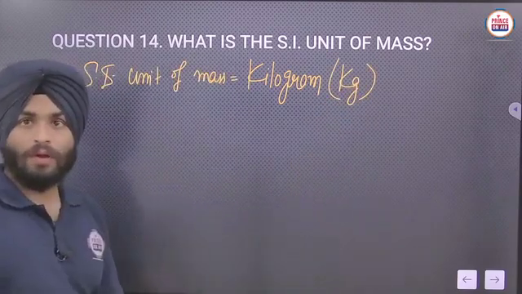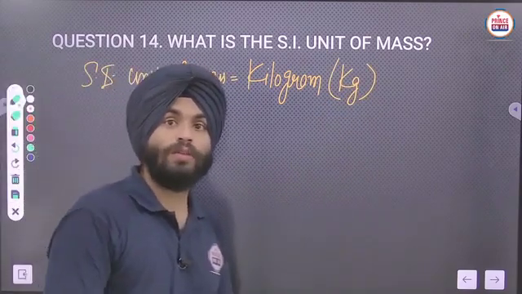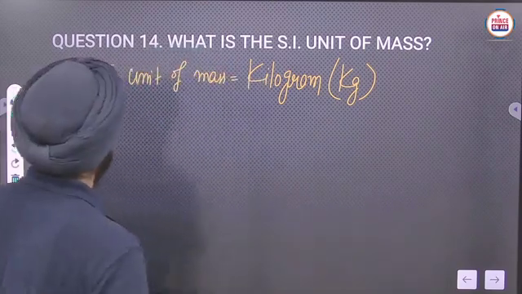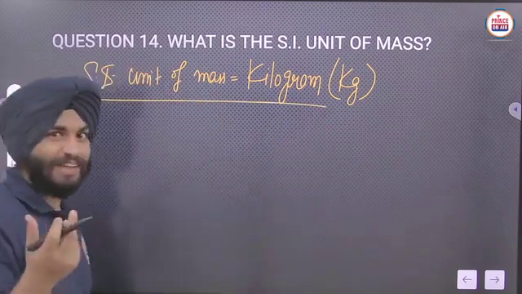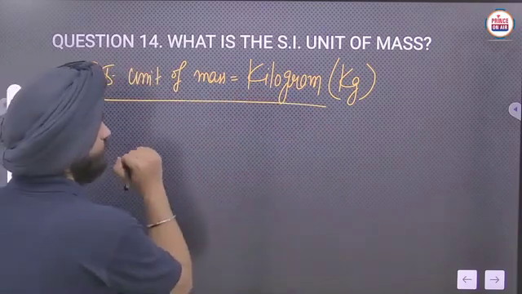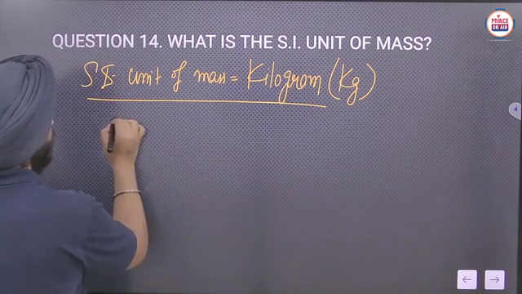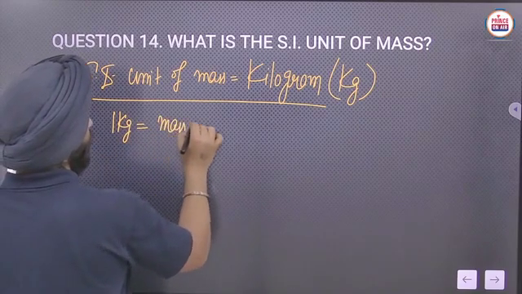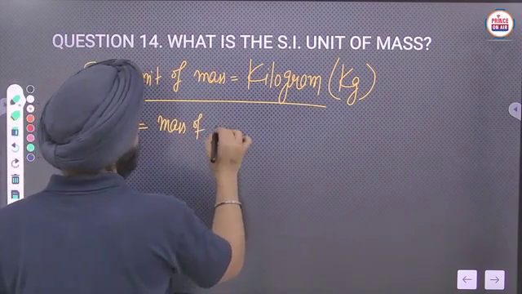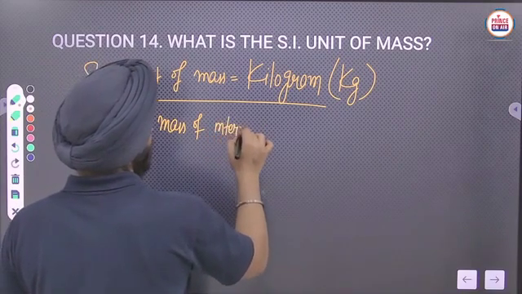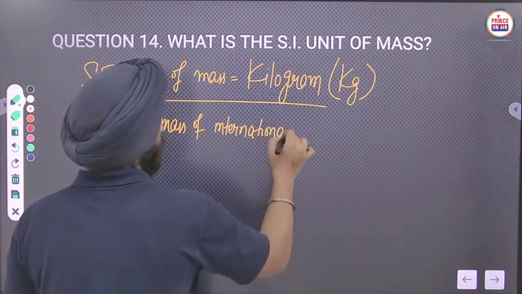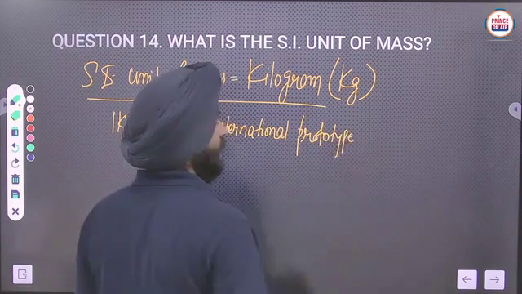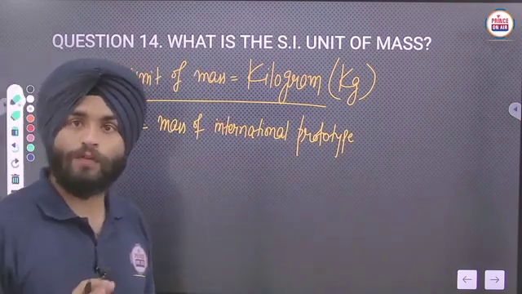All of you know this. But how did that kilogram mass come about? One kilogram is equal to the mass of the international prototype that is placed in the Museum of France.